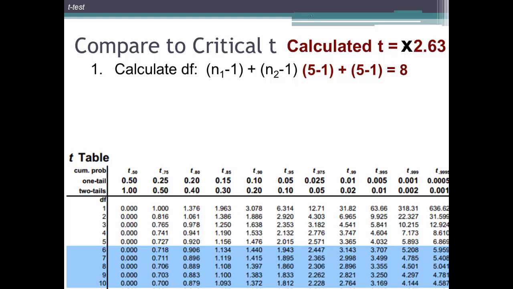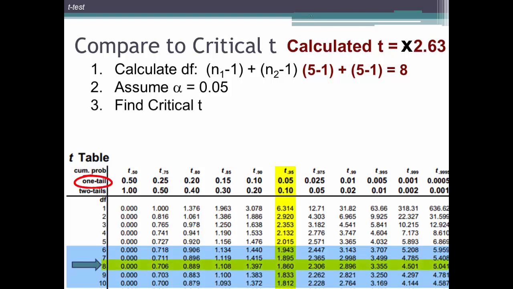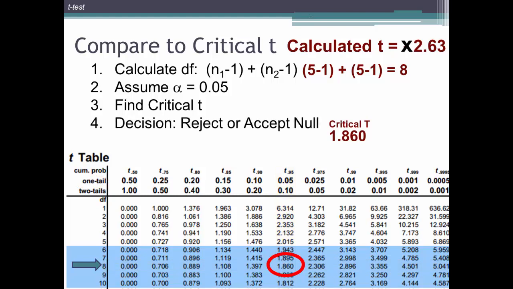Assume you are looking at an alpha level of 0.05. To find the critical t, find where 8 degrees of freedom intersect with the one-tailed 0.05 alpha level. 1.860 is our critical t. Now it's decision time. Do we reject or accept the null hypothesis? Remember that if your calculated t is greater than or equal to the critical t, you will reject the null.